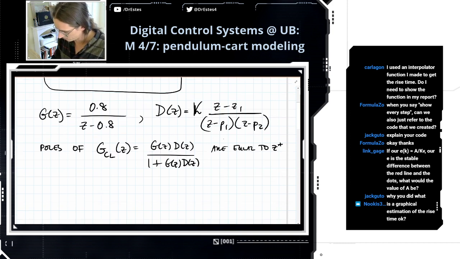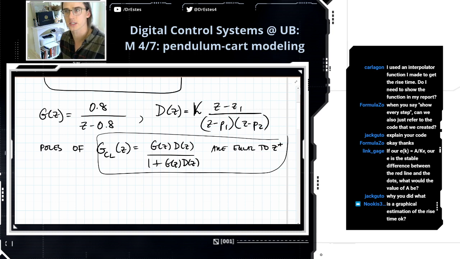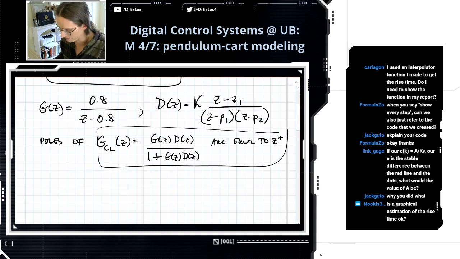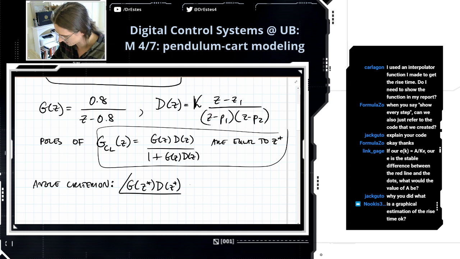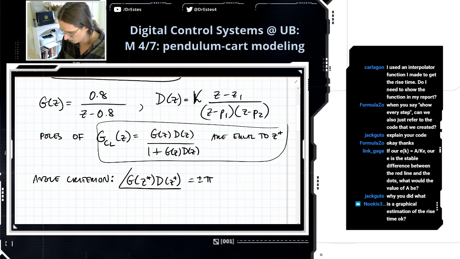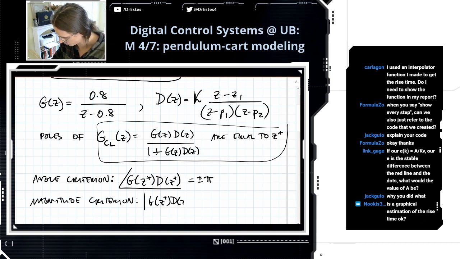The way that this is going to be satisfied, this is the point of the root locus, is you have to verify that the angle criterion is satisfied, that the angle of G times D evaluated at Z star is plus or minus pi, and the magnitude criterion, which is if you take that open loop transfer function, which is G times D, evaluated at Z star, take the magnitude, it's equal to 1.